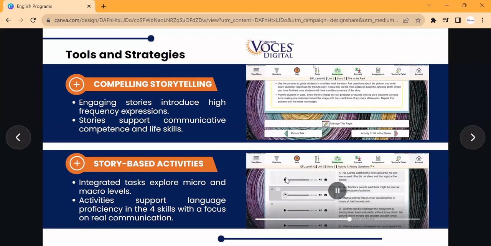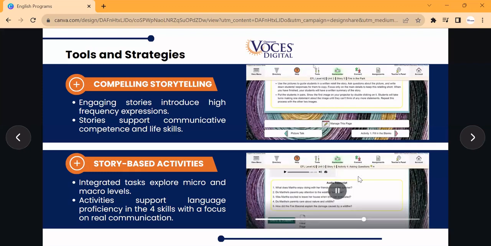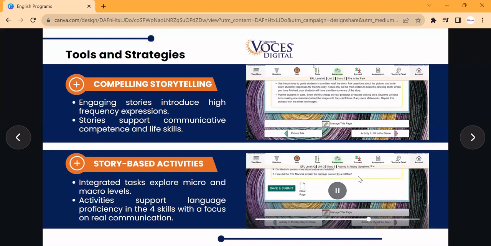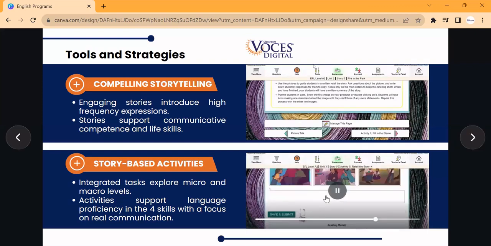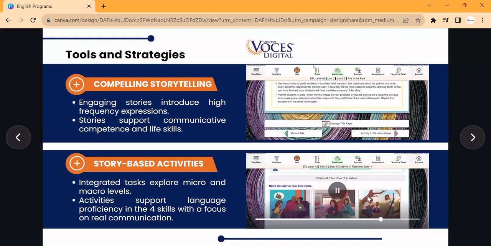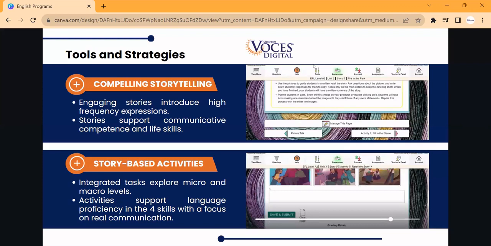You will see that they have to play the recording and match the story according to what they read. So we have one example of integrated activities, and this is the retelling that also comes with specific rubrics for students and teachers to assess their students' production.